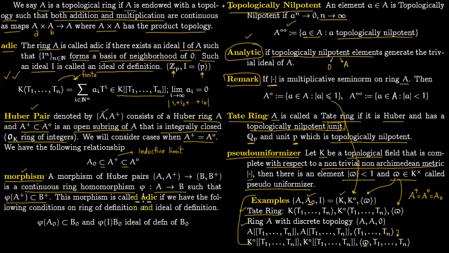And this morphism is called adic if we have the following conditions on the ring of definition and the ideal of definition. The ring of definition should lie within B0, and the ideal of definition, which is sitting in A right here, this should be the ideal of definition here also. That means phi(I) B0 is the ideal of definition of B0.